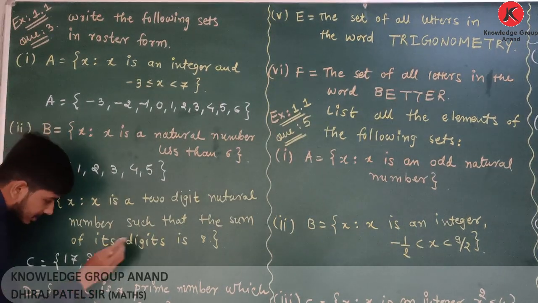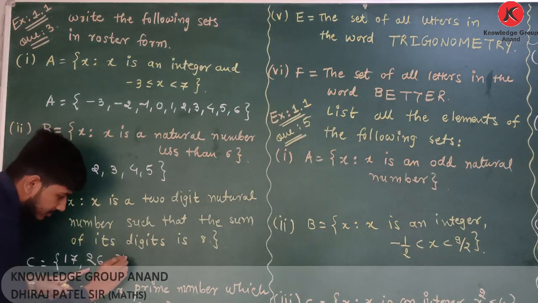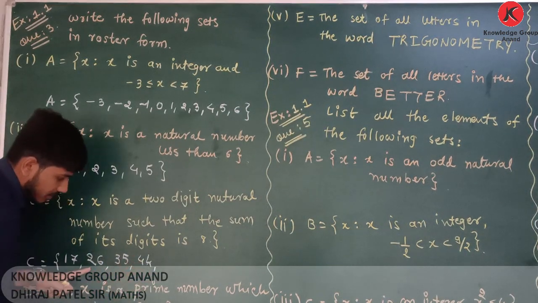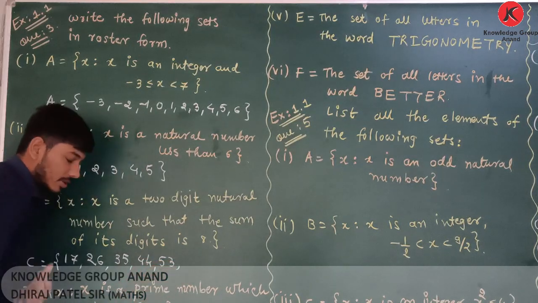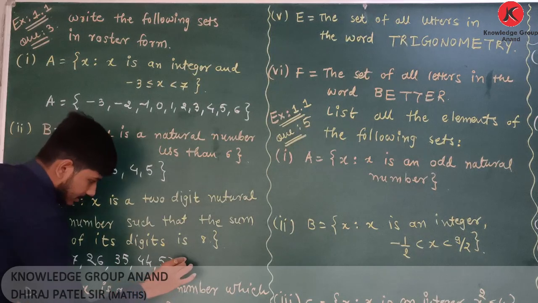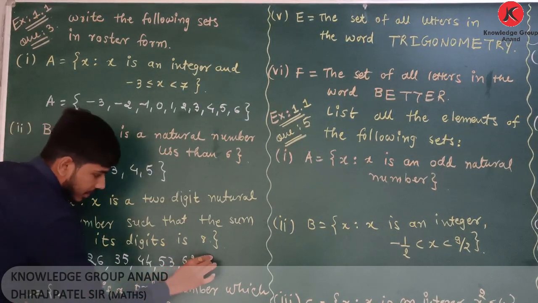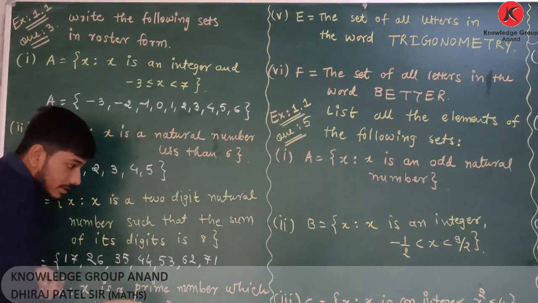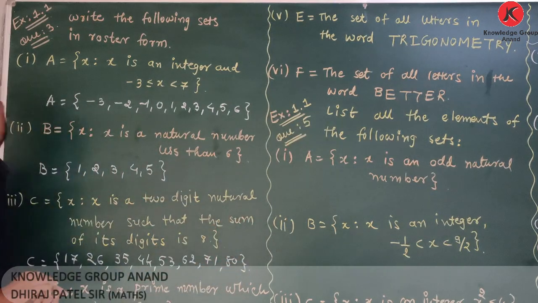Now 3, increase this digit by 1, means 3 and 5. Next one 4, 4. Next one 5, 3. Next one 6 and 2. Next one 7, 1. 71 is there. And the last one is an important number, 80 is there.